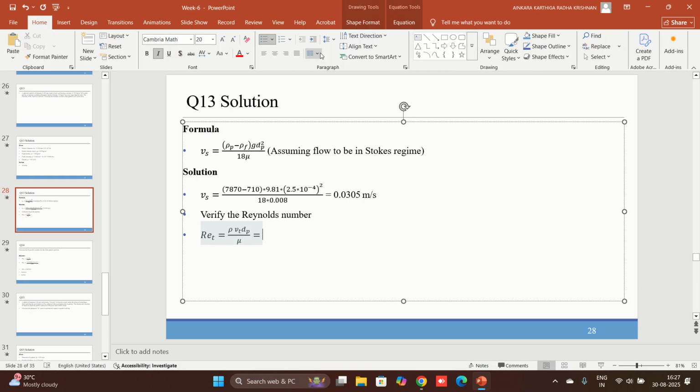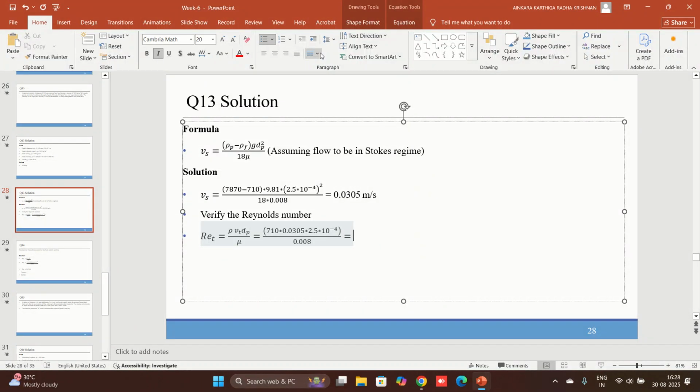So now it is rho VT dP by mu. Rho is 710 into VT, which is 0.0305, into dP, which is 2.5 into 10 power minus 4, divided by 0.008.